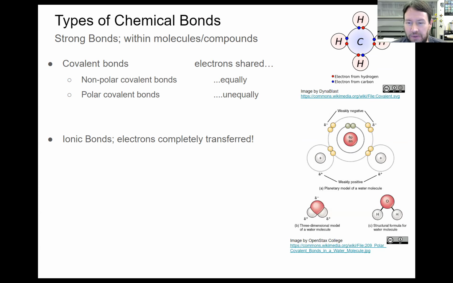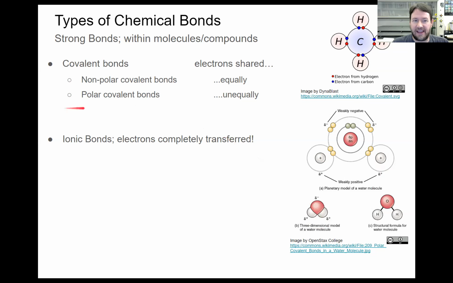We were talking about water molecules and how oxygen is an electron hog, and that makes the oxygen atom of a water molecule slightly negative in a couple of different places. And then the hydrogen atoms of a water molecule slightly positive.